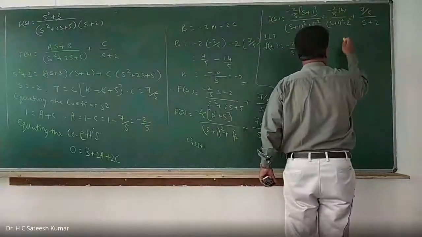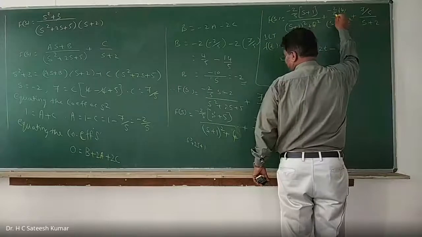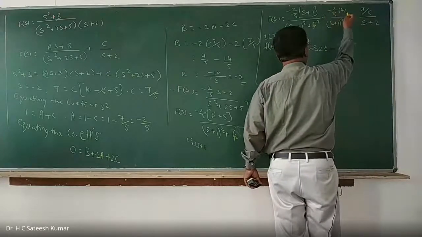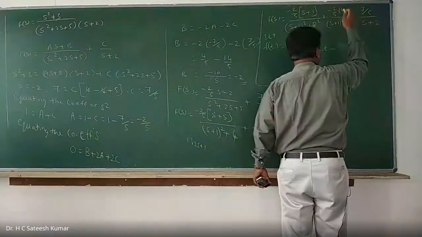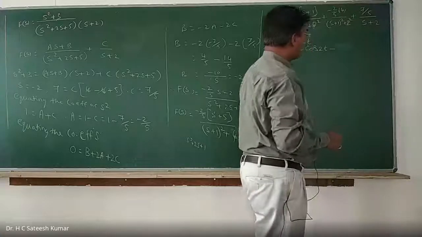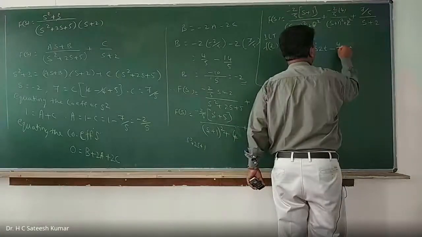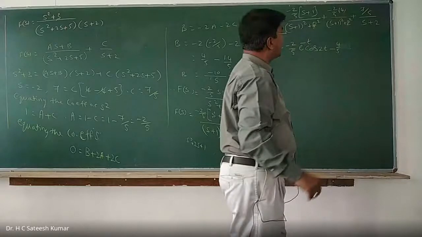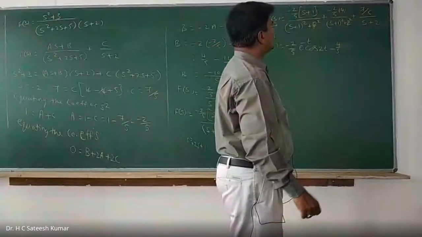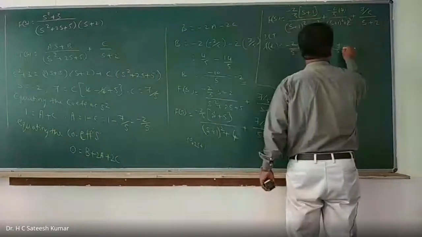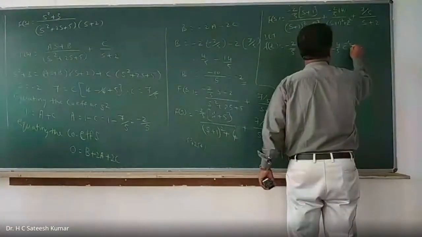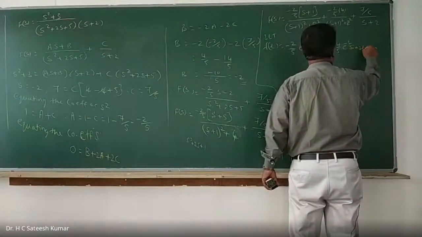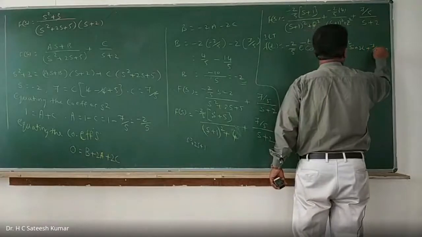So therefore, this can be written as: minus 2 by 5 into 4 is there, only 2 we can keep it here. So minus 4 by 5, you keep it as it is. Omega is 2. Okay, right? Omega divided by s plus a whole square plus omega square gives e to the power of minus t into sine of 2t, plus 7 by 5 into.